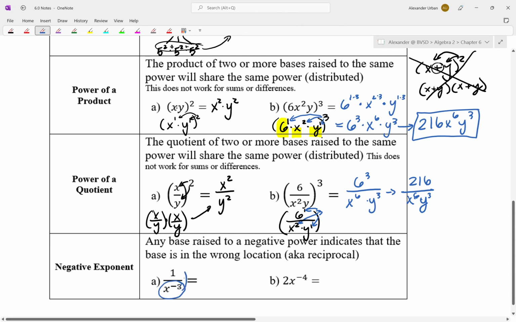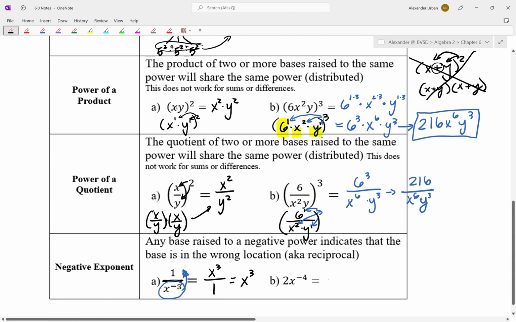It's stating right now that it shouldn't be in the denominator, it should be in the numerator. And once it crosses this boundary, going from the denominator to the numerator, it's going to lose its negative power, and it's going to change to x to the 3rd over 1. So now it's in the right location, it's positive, and it's on top. So if you want to simplify this further, you can just say this is x cubed.